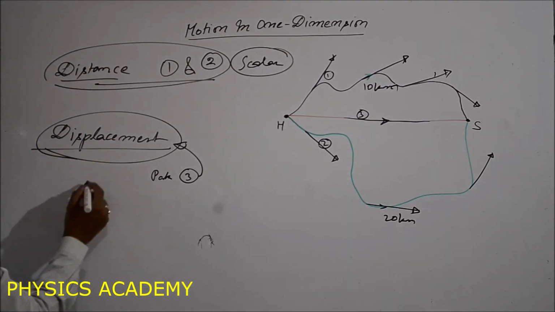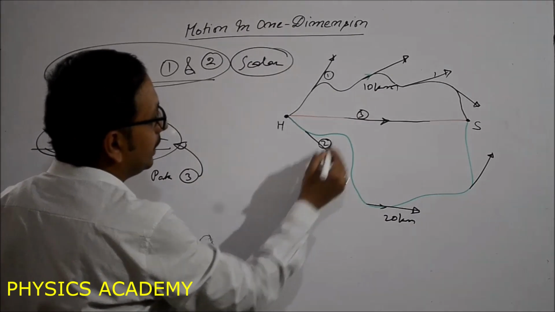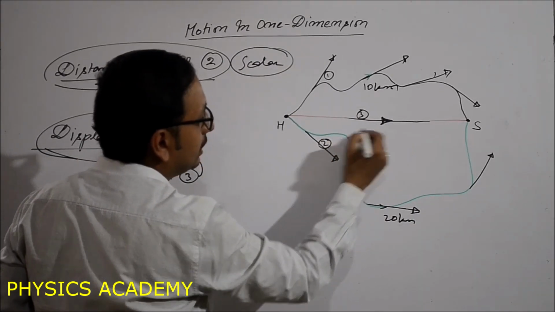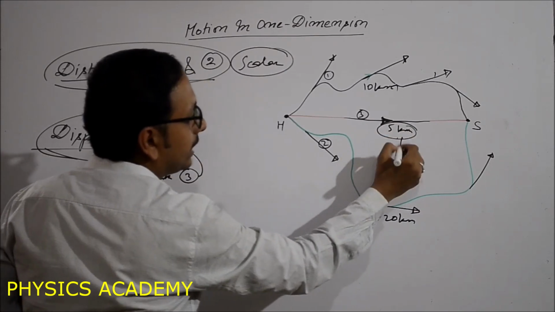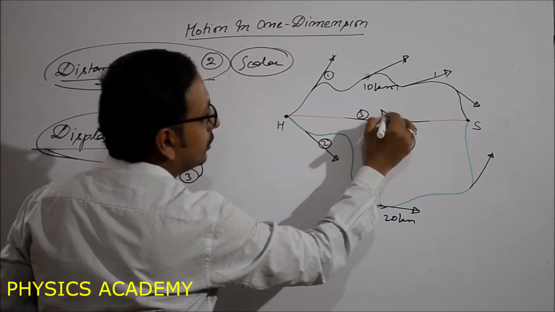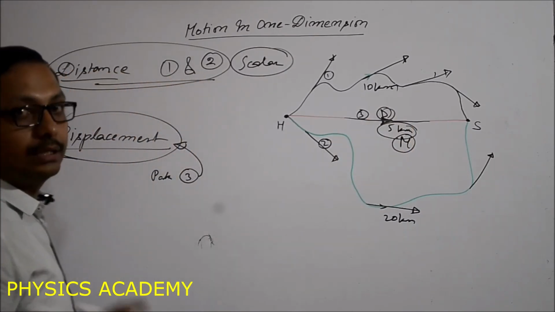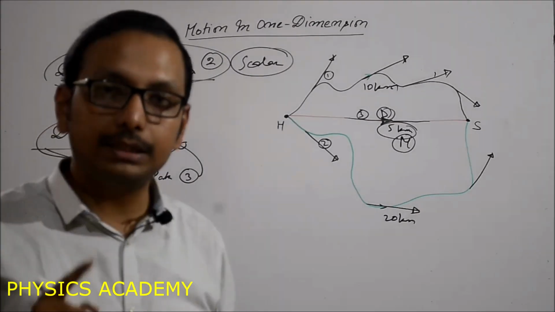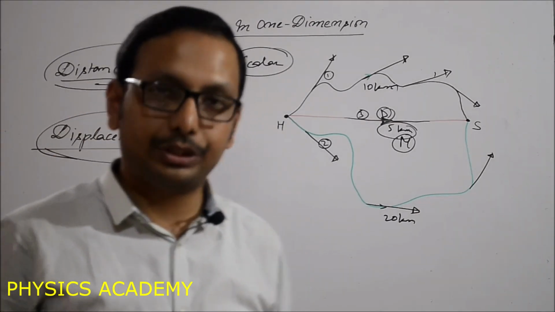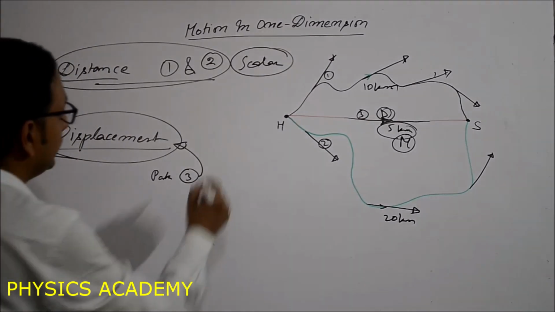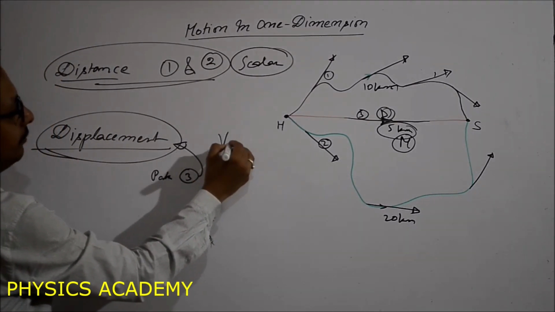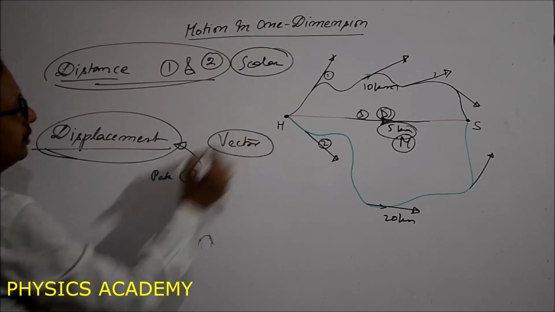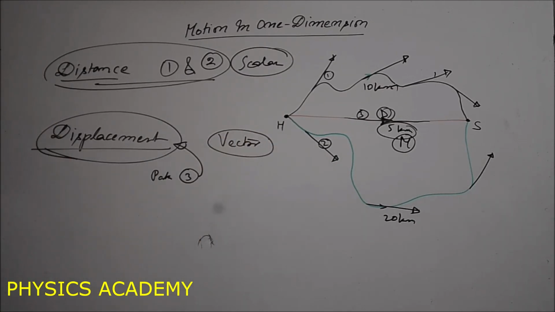For displacement, if you see here, the direction is the same direction, and also if it is say 5 km, then this is your magnitude and this is your direction D. So it is having a magnitude as well as a particular direction. So displacement is considered as a vector quantity. So this is all about distance and displacement.